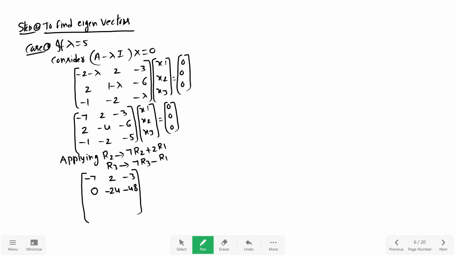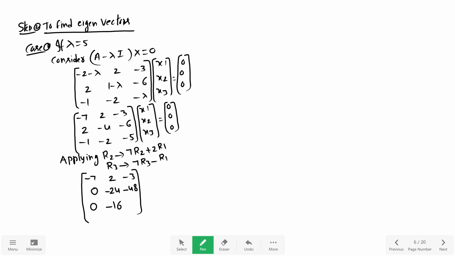Third row is 7 R3 minus R1: 7 into minus 1 is minus 7, minus R1 value minus 1, gives 0. Then 7 into minus 2 is minus 14, minus 2, that is minus 16.